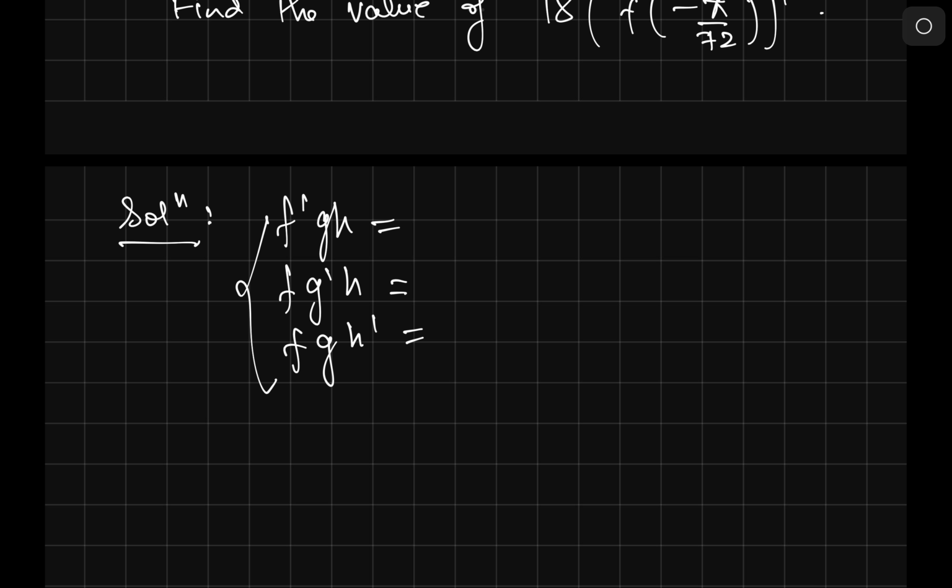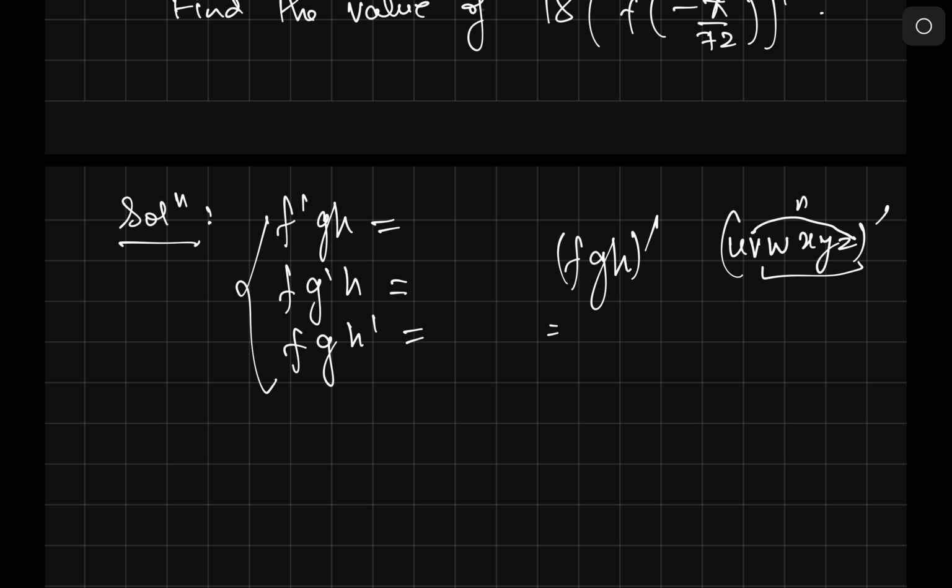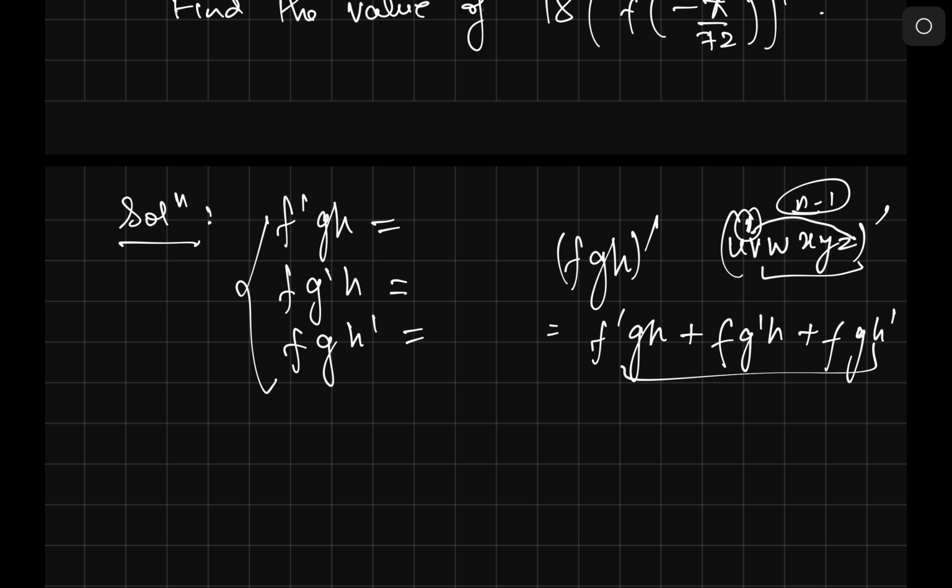Now this is a hint to fgh dash, because when you differentiate this by using the uvw rule, whatever rule you want to apply, you can take n minus 1 things as constant and one thing as the variable. So clearly I can just say f dash gh plus f g dash h plus f g h dash, right?